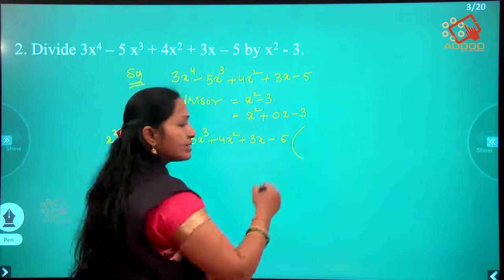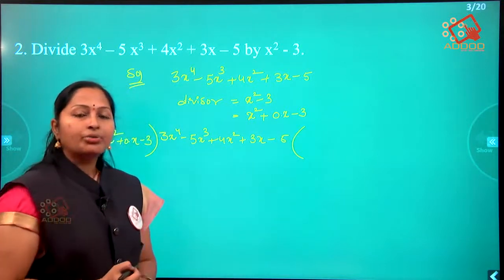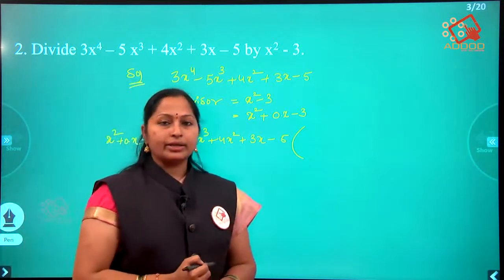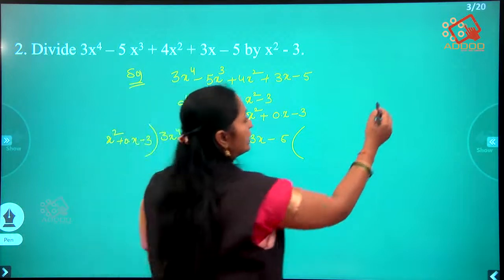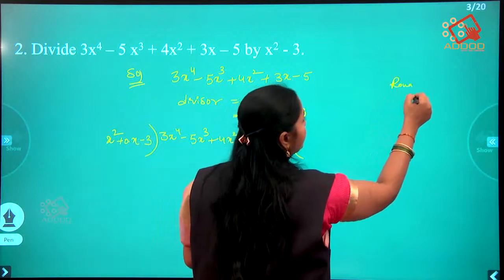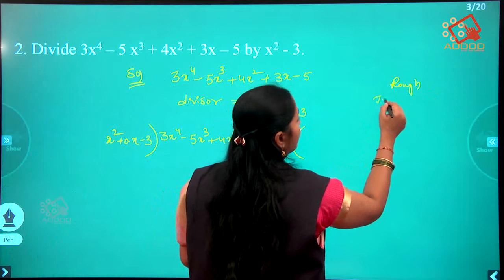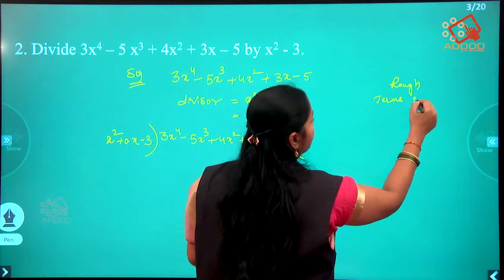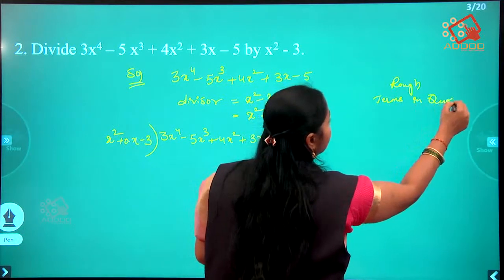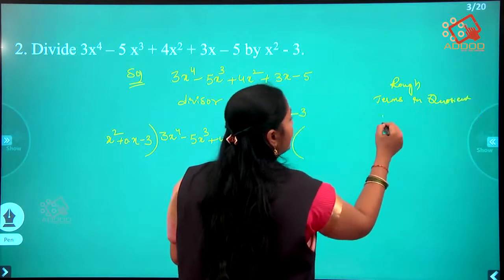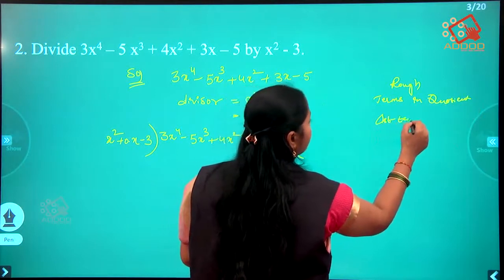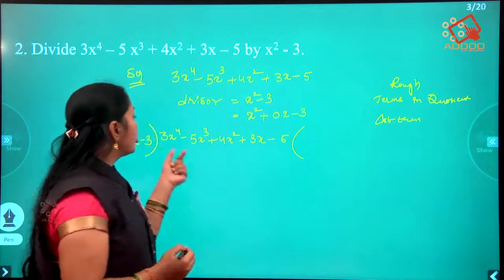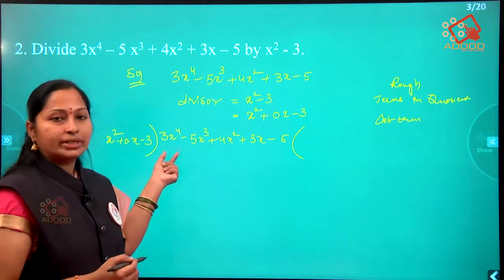Now listen carefully students. Now we want to find the terms in the quotient. For that, take the rough column, terms in quotient. First term I am finding. So here, what is the highest power term?